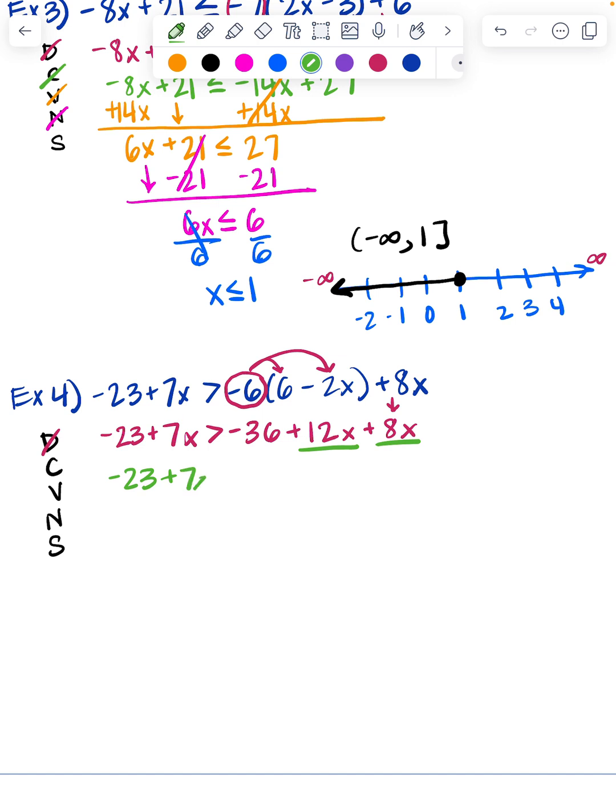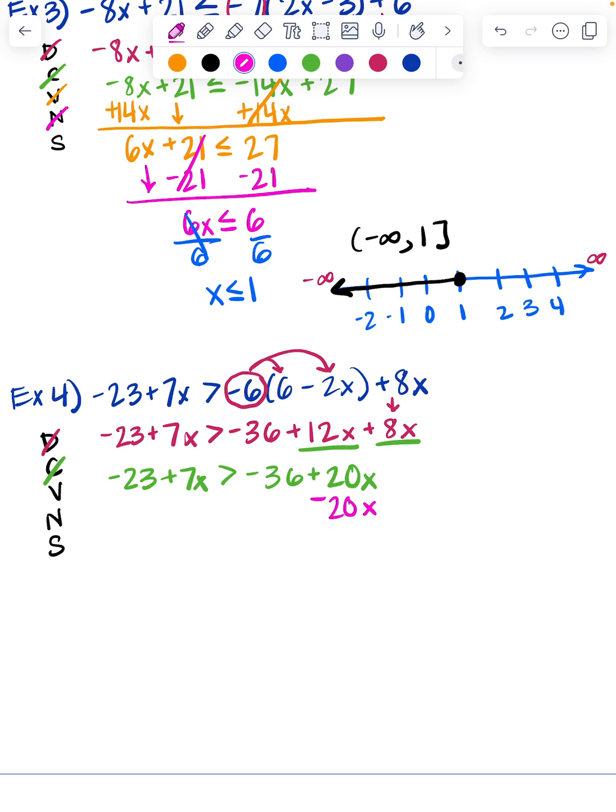-23 plus 7x is greater than -36 plus 20x. Now I need to get the variable to the left side. Subtract 21x. Oops. Sorry about that. That should be 20x.